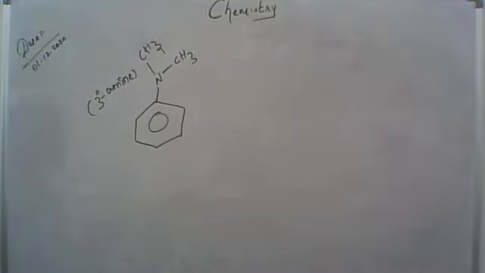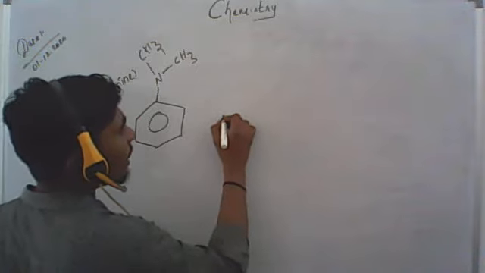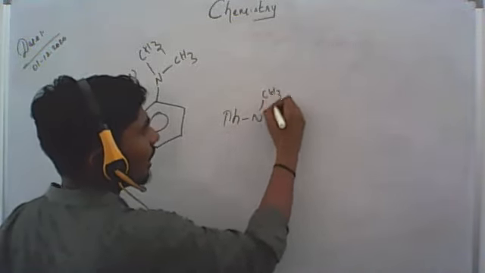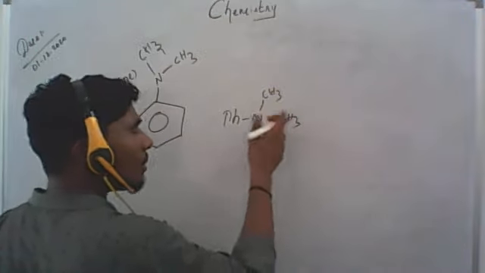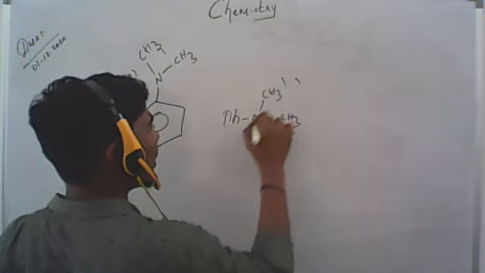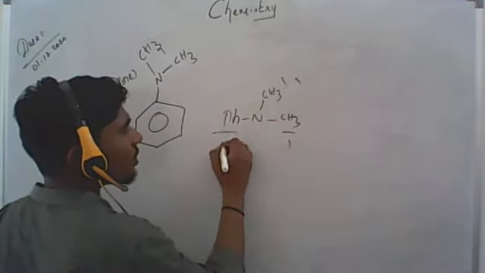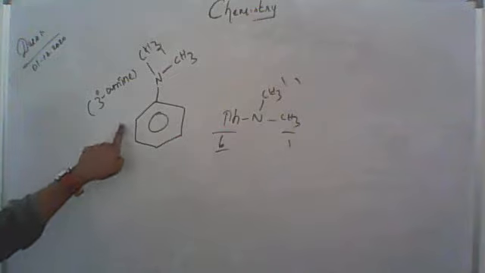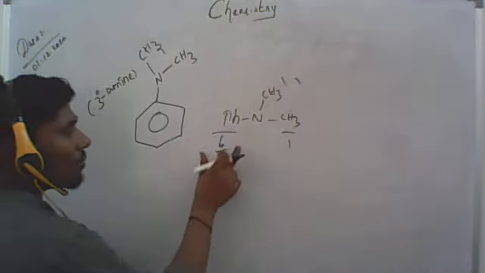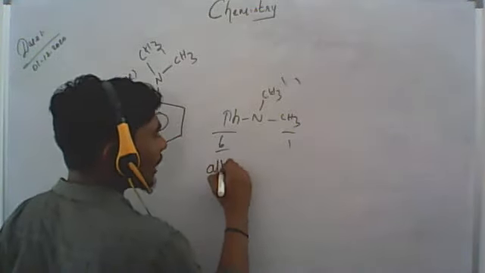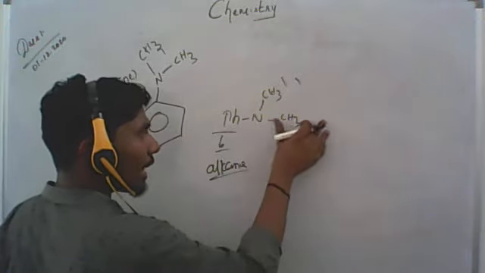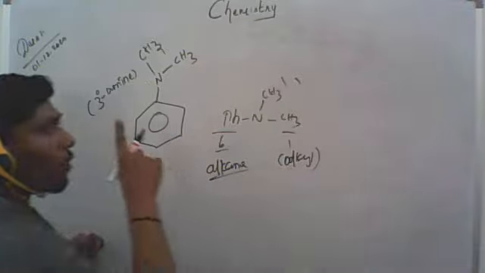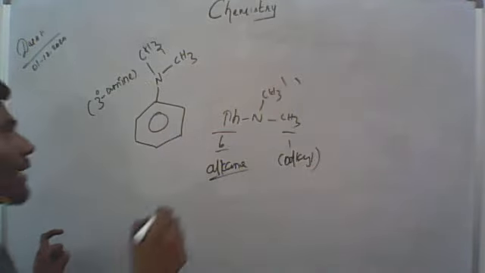Now give the IUPAC name. On one side it's a phenyl group, and on the nitrogen there is a CH3 methyl and another methyl. The phenyl has 6 carbons, 1, 2, 3, 4, 5, 6. So the parent is the alkane, and the methyl is the alkyl. How many methyl groups are present? There are 2 methyl groups.